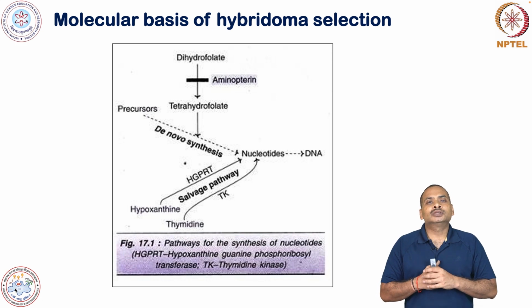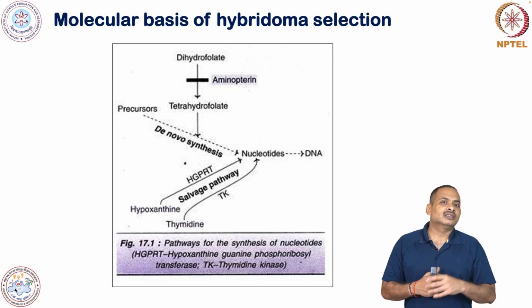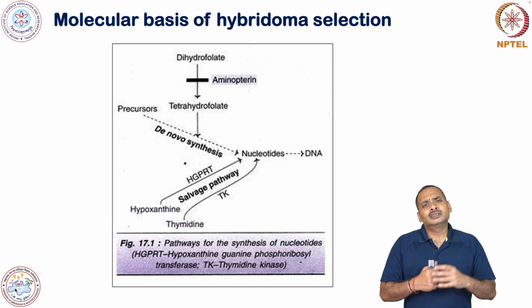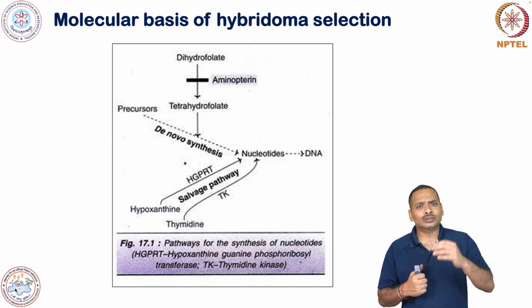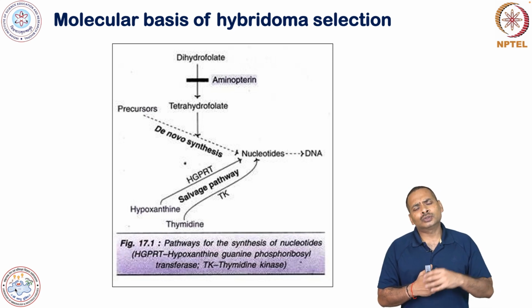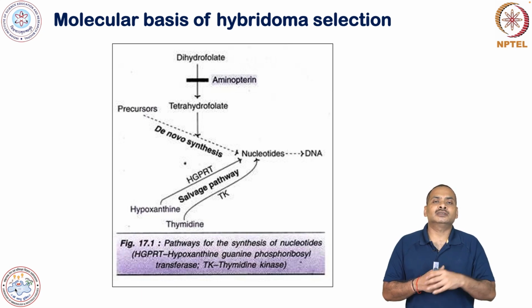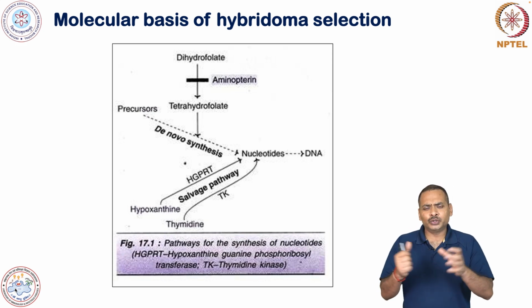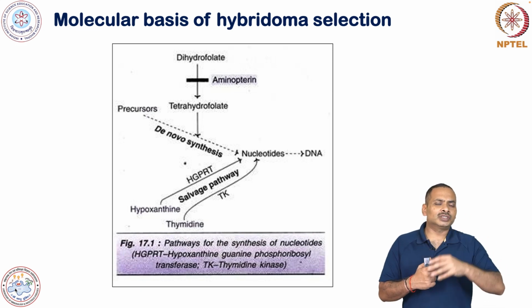So when you fuse and put it on HAT media, this aminopterin will kill the de novo pathway. Since the hypoxanthine guanine phosphoribosyl transferase is also present in the fused cell, only those cells which are fused with a spleen cell will survive. The fused cell means a spleen cell and myeloma cell which are fused, they will survive. Okay. So there will be 3 or 4 situations.